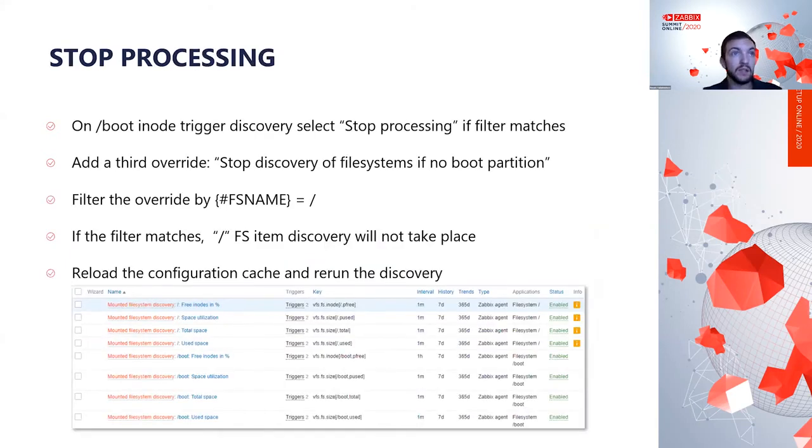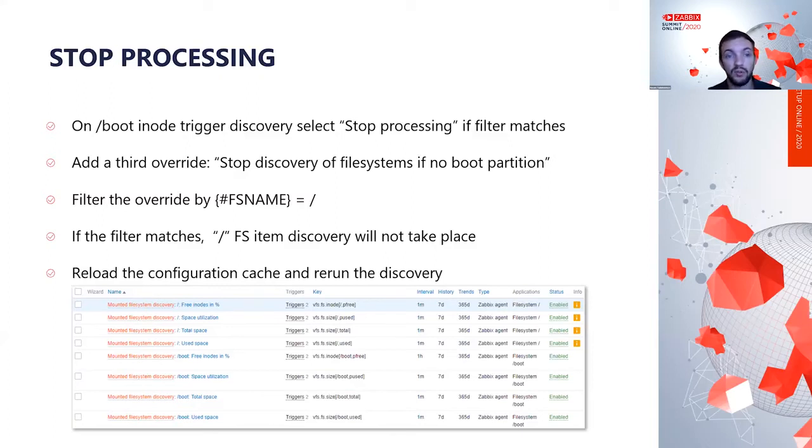All right. And one more thing that is really, really of importance, the stop processing setting. What we are going to do, on our second override that we have created just now, is set it up to stop processing if filter matches. So we're going to use that setting.